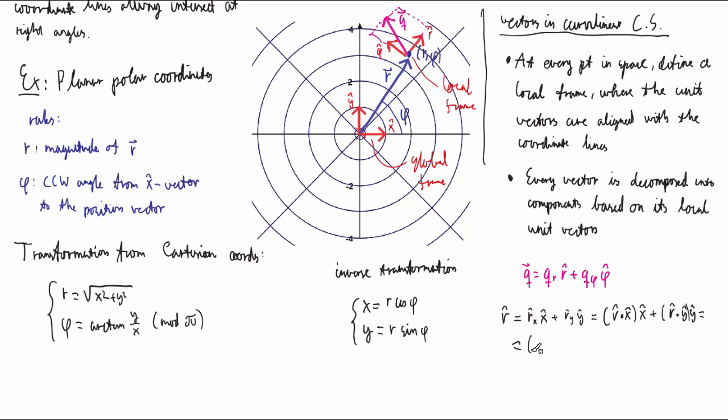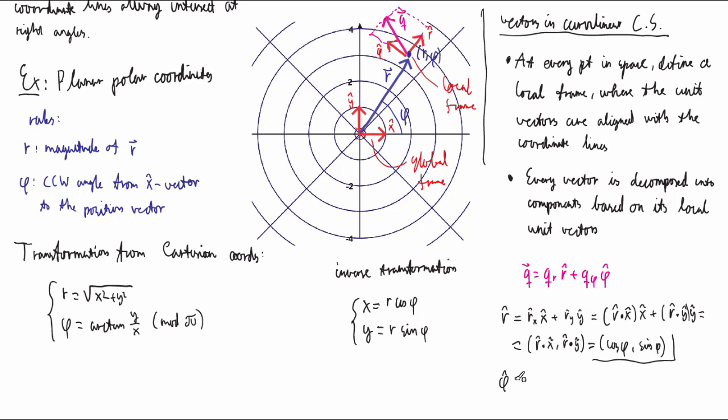You can write that just as an ordered pair. r hat scalar x hat, comma, r hat scalar y hat. And if you just take that scalar product, it's easy to see that that becomes equal to cosine phi, comma, sine phi.